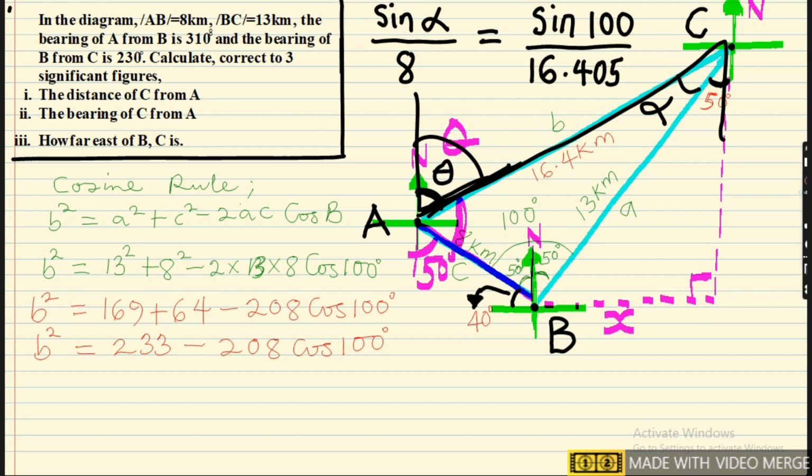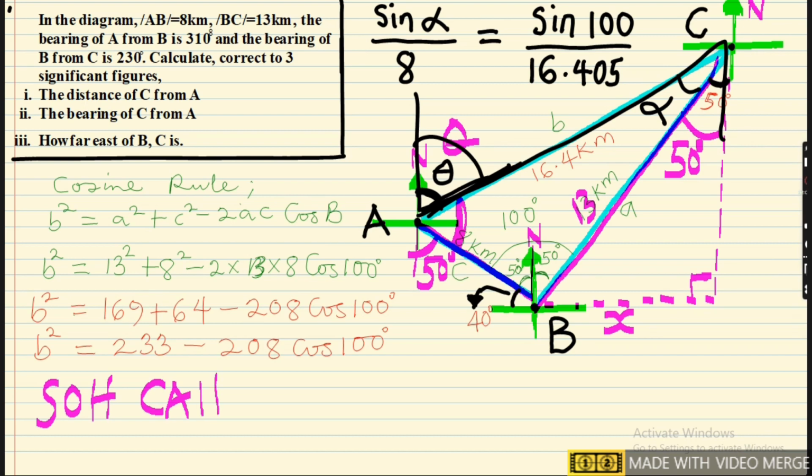We want to find the distance. Don't forget that this angle there is 50 degrees, and we have the hypotenuse of that triangle to be 13 kilometers. If you know your SOHCAHTOA very well, don't forget your trigonometric ratio, SOHCAHTOA. Okay, I said all this will be very, very useful.